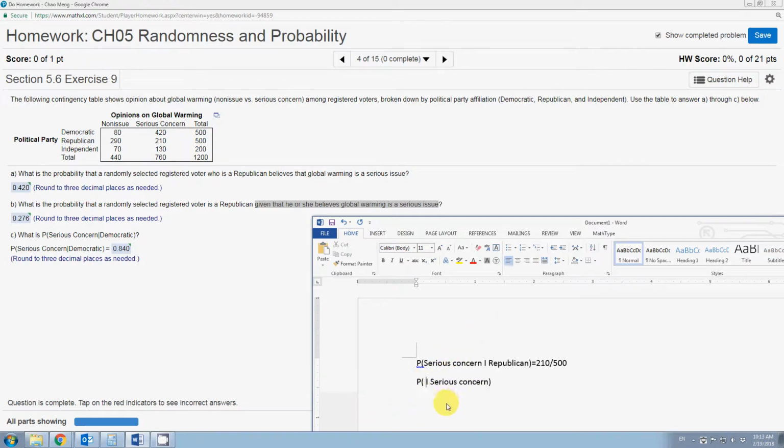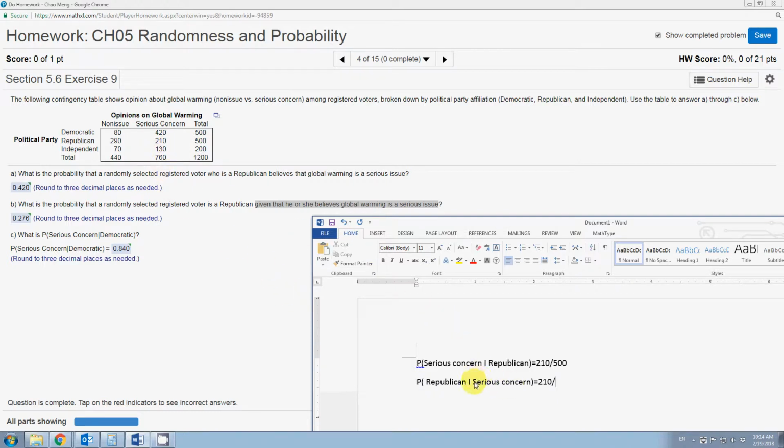Among the people who believe global warming is a serious concern, what's the probability that the person is a Republican? Still, let's find the number of counts for serious concern and Republican. Still, that's 210. And what goes to the bottom?